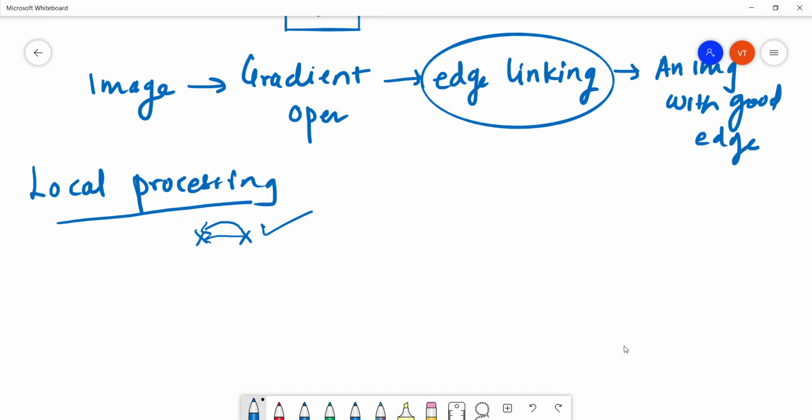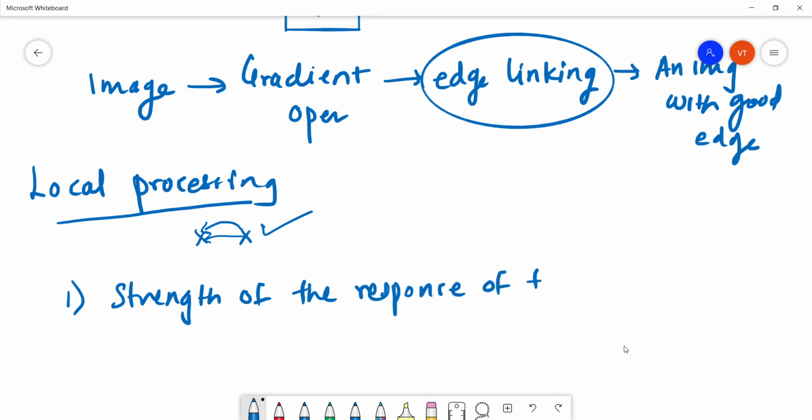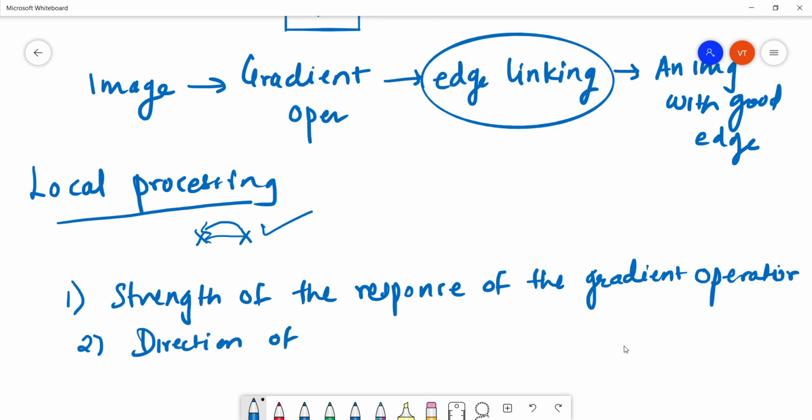There are two conditions, as I mentioned just now. First, strength of the response of the gradient operator, and second is direction of the gradient.